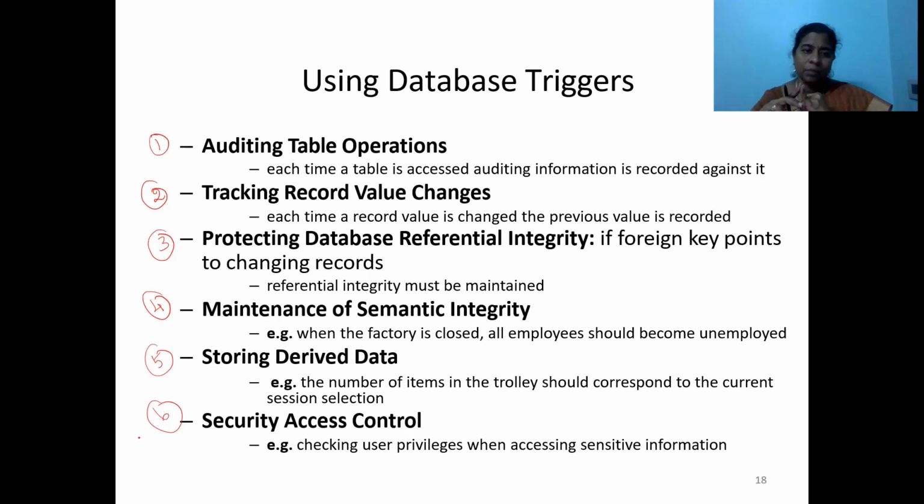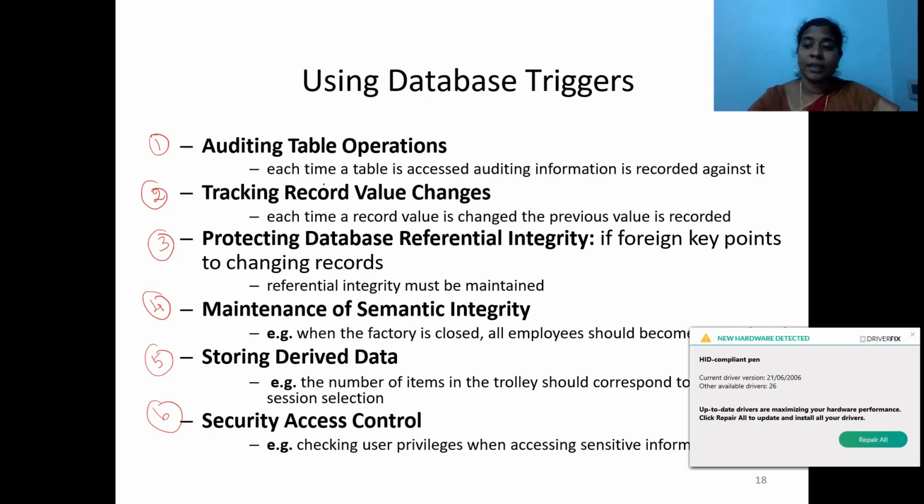So triggers are used for these purposes. One is for auditing table operations, second is tracking record value changes, third is for protecting database integrity constraints, and fourth is for maintenance of semantic integrity, then for storing derived data as well as for security access control. Whenever you wanted to audit a particular table, each time the table is accessed, auditing information is recorded against it.